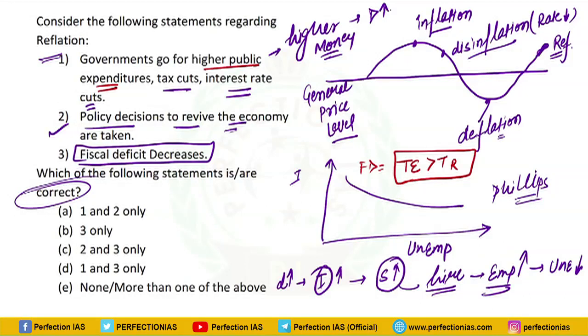If it is going to increase public expenditure, it is going to borrow more money than its income so that it can spend extra money. If it is going to spend extra money, that means fiscal deficit will increase. It will not decrease. So third statement is incorrect, and therefore the correct answer would be 1 and 2 only.